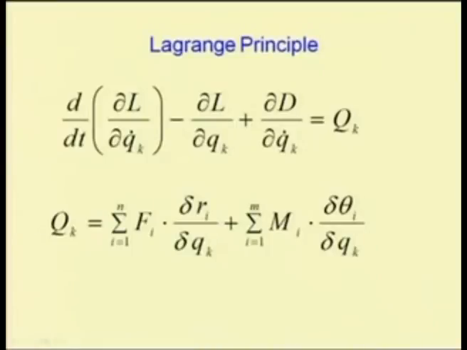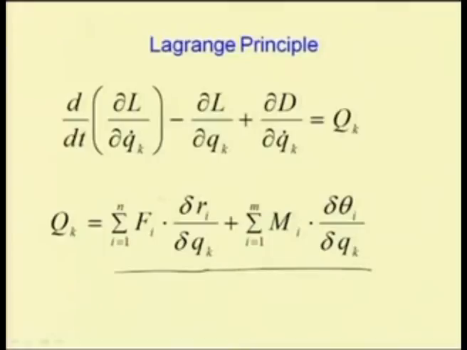So, here D is the dissipation energy, L is the Lagrangian of the system, Qk is the generalized coordinate, and capital Qk is the generalized force, which can be found by using this expression.